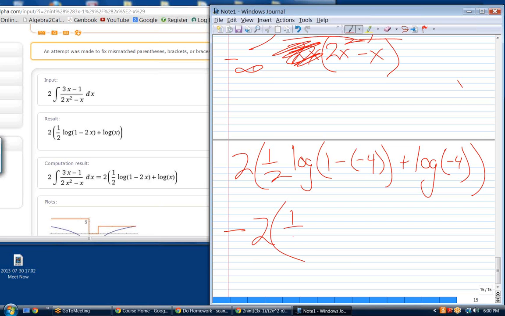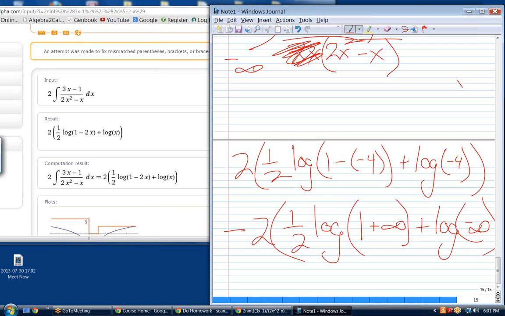So it's got to be the... Why would they do that to us? Give us a number where the log is a negative number.